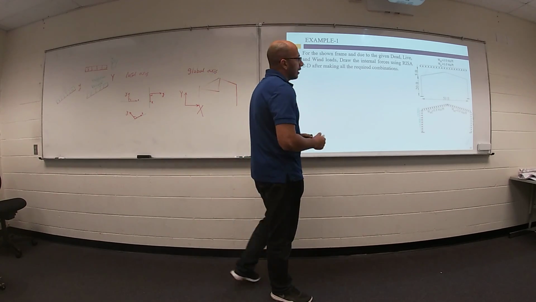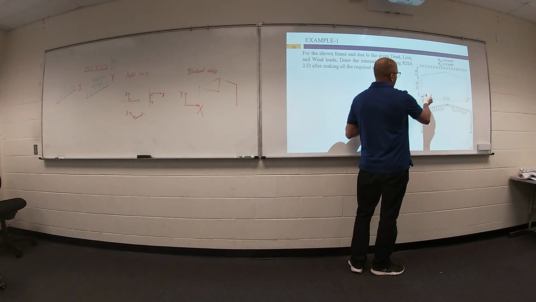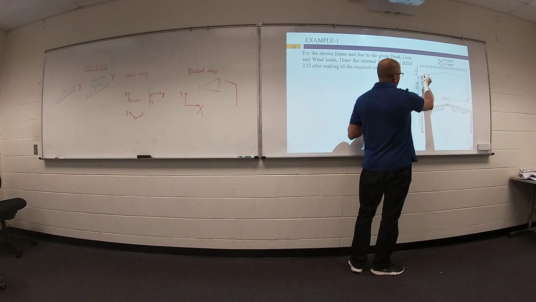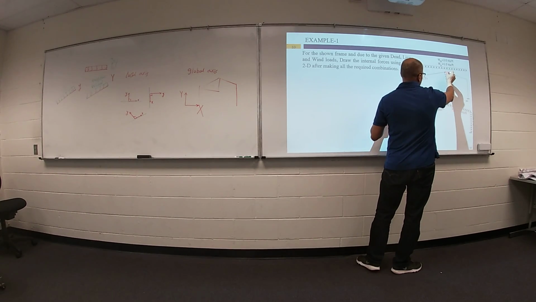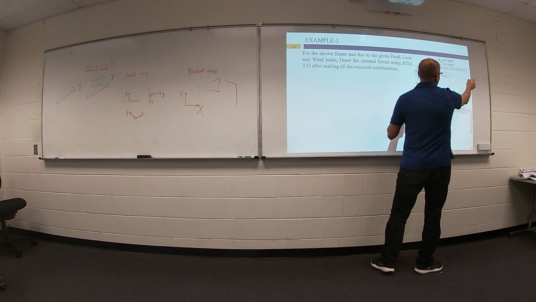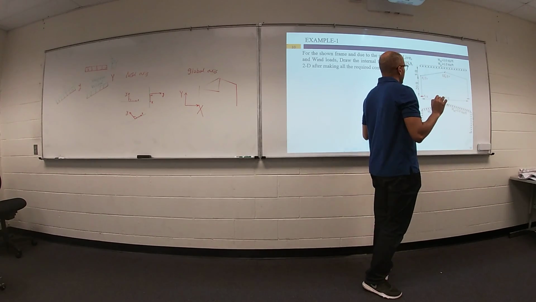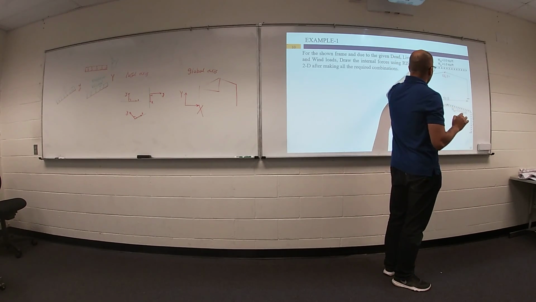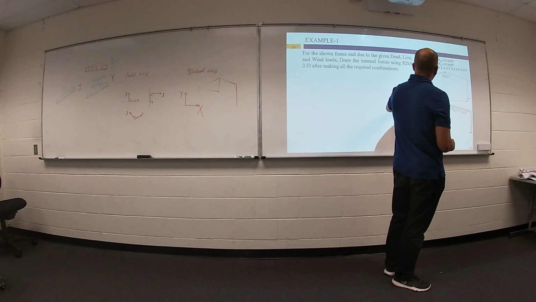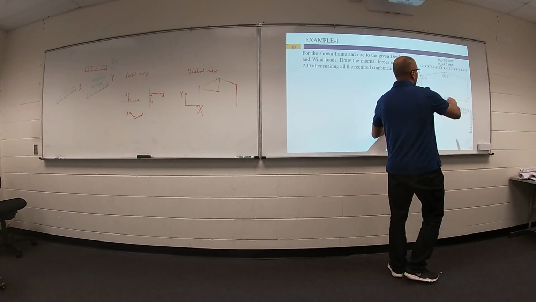What are the coordinates I will use? 0, 0, 0, 20, 25, 20. That's right? It's above 5 feet, right? No, I'm talking about the height. 5 feet, yes, it should be 25, 25.